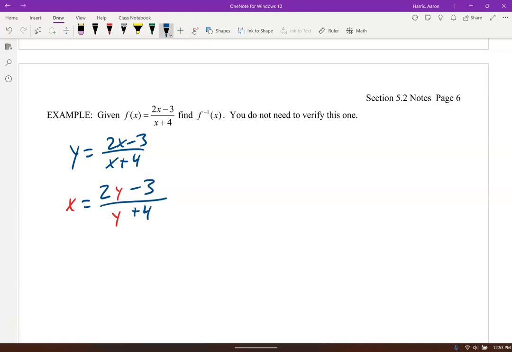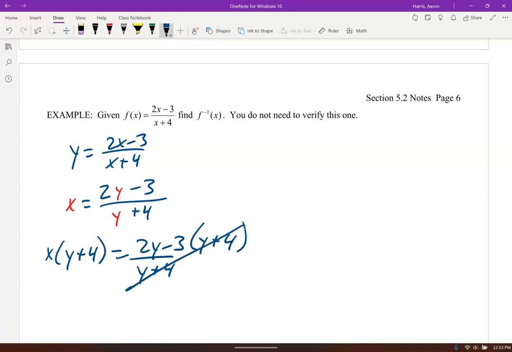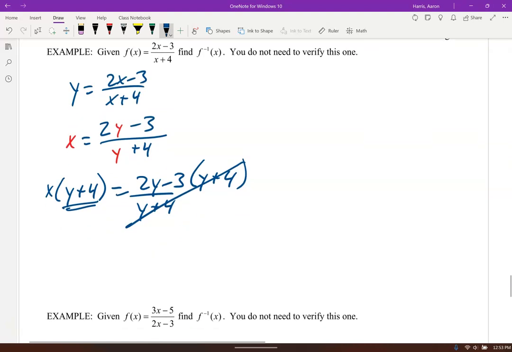Now we've got to solve for that new y. So I'm going to get the y on top. I'm going to multiply both sides by y plus 4. So I multiplied this side by y plus 4 and that side by y plus 4, so we have xy plus 4x equals 2y minus 3.